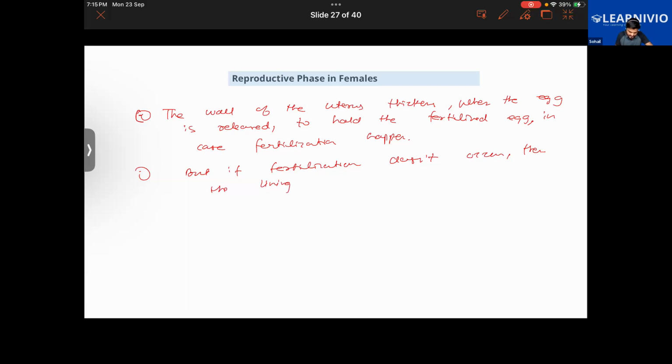Then the lining sheds along with the dead egg and the blood vessels, and because of this, it will lead to bleeding in the woman.